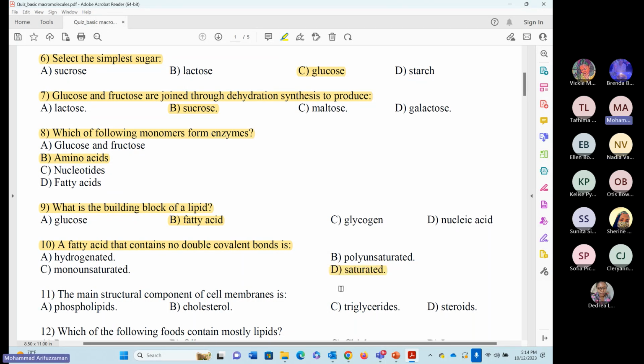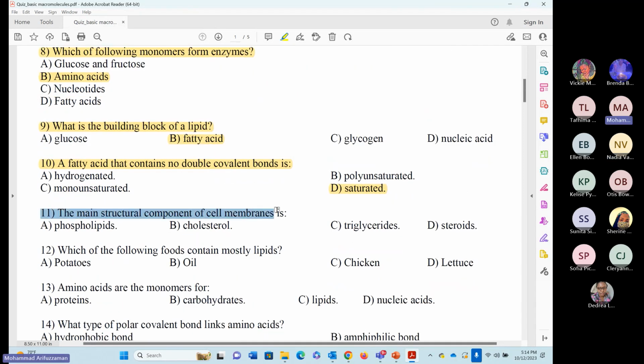Fatty acids can be classified according to their carbon bonding. Some fatty acids have a double bond and are considered unsaturated fatty acids, and some do not have any double bond and are considered saturated fatty acids. So no double bond means saturated fatty acids.